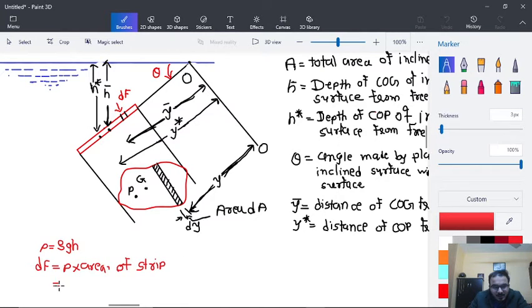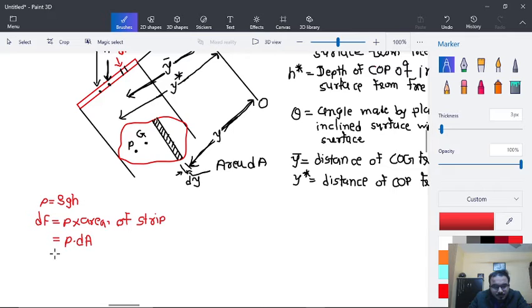So this is like P into dA. So now you can say this as rho G H dA. So this is the value of dF.